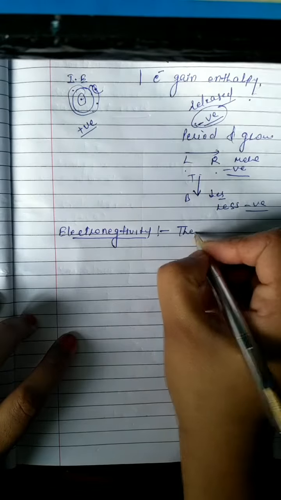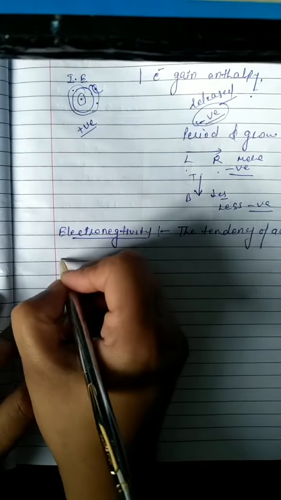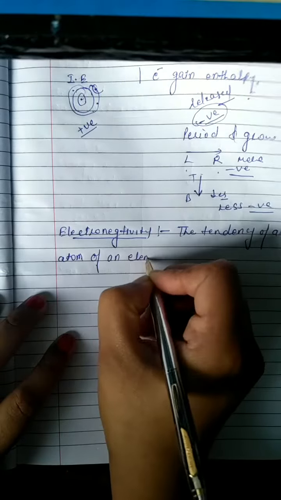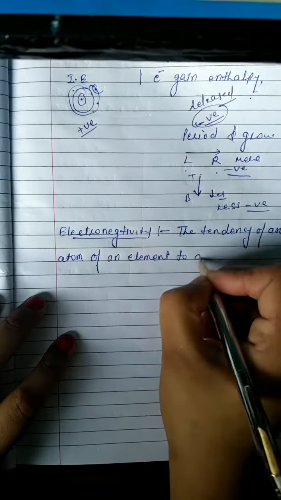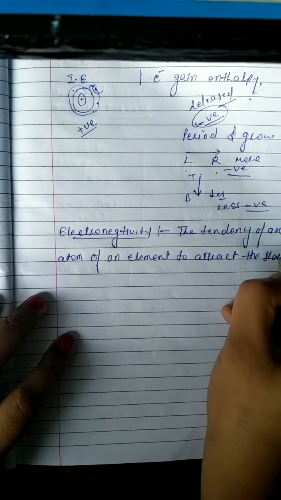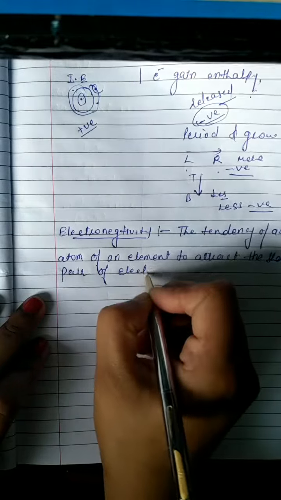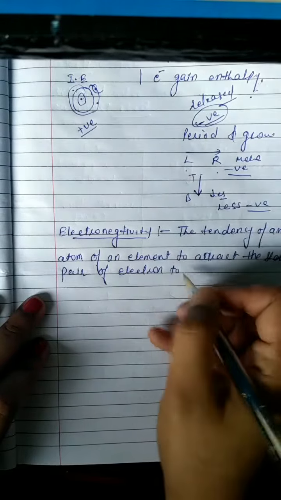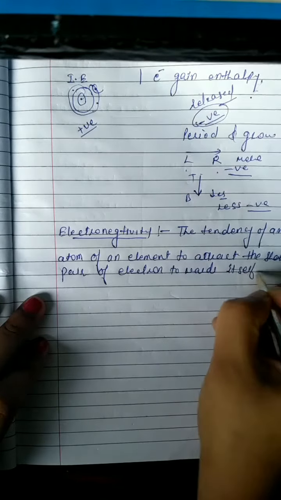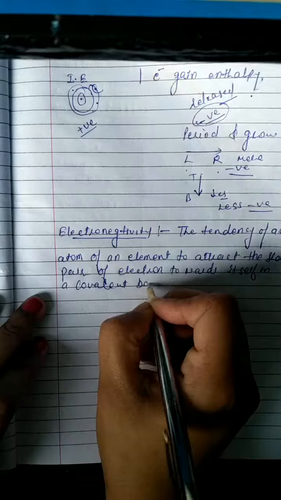The tendency of an atom of an element to attract the shared pair of electrons towards itself in a covalent bond.